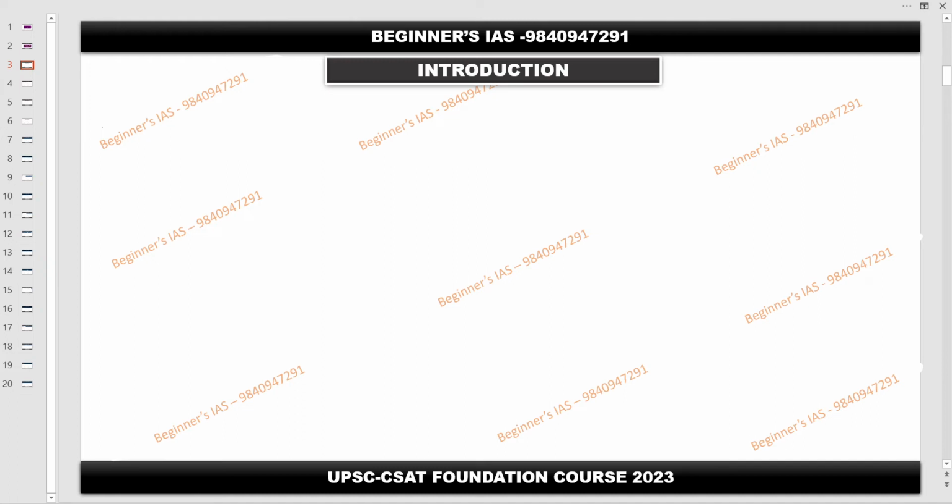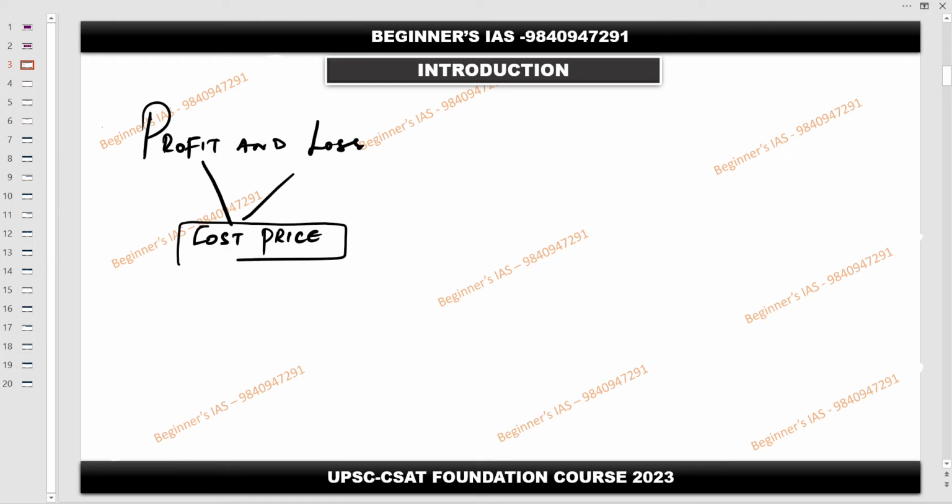Always remember that both profit and loss are calculated on the cost price. If the question is dealing with the selling price, then you have to find it with respect to the cost price. That is the first point you need to make note of.